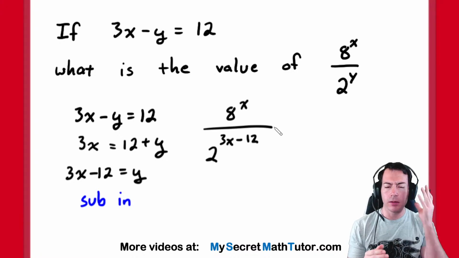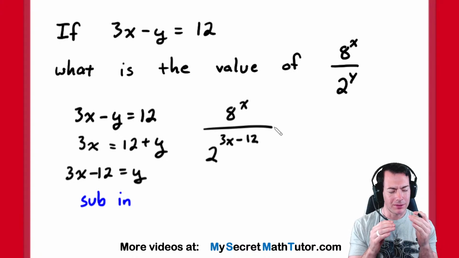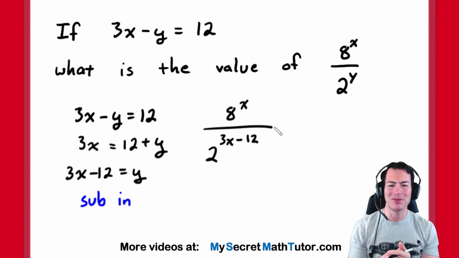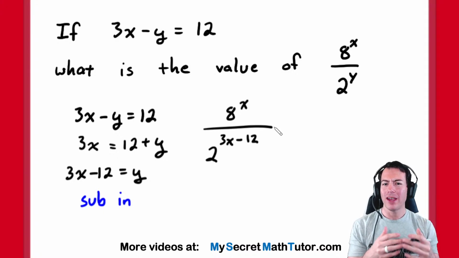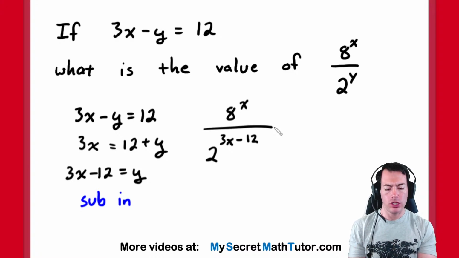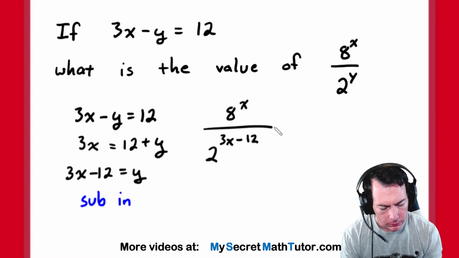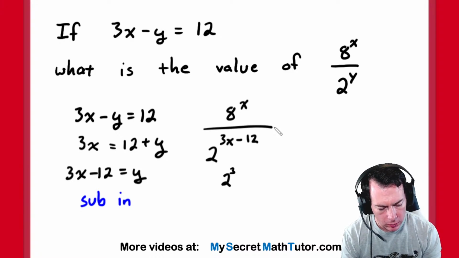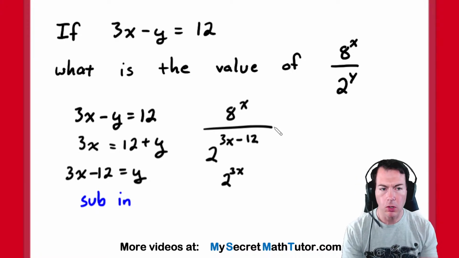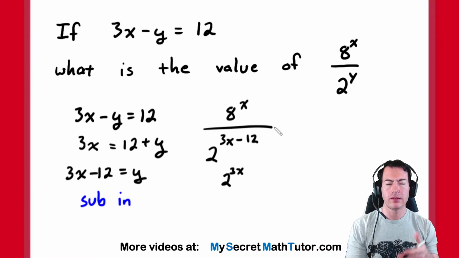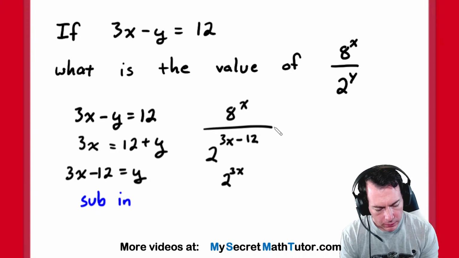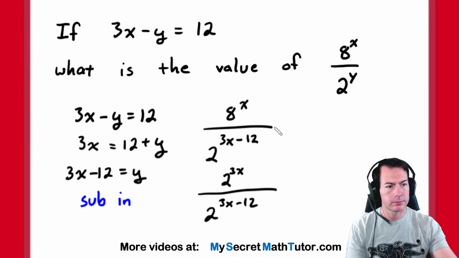You can see that the top has a base of 8, and the bottom has a base of 2. So we can rewrite 8 so that it also has a base of 2, since 8 is the same as 2 cubed. Let's do that. So this is 2 cubed, multiplied by an x, so that would be your 8 to the power of x. All of that is being divided by 2 to the power of 3x minus 12.